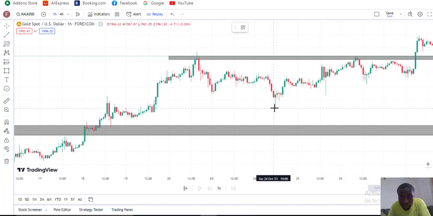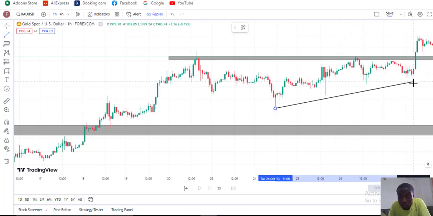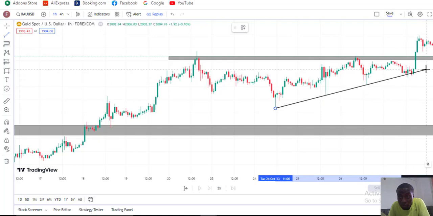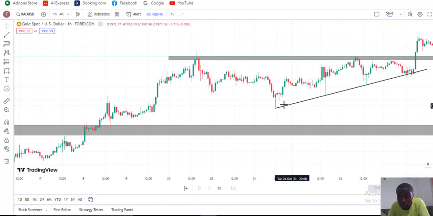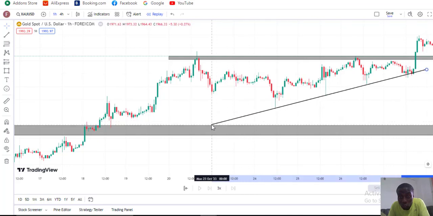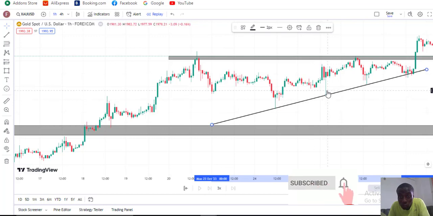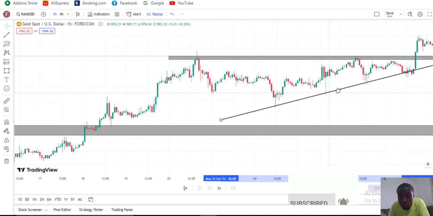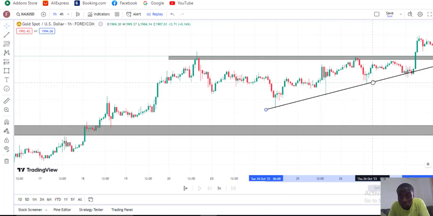What I do, I pick my trend line, I connect as well, because remember we are waiting for those pullbacks, but we have to use some tools that will tell us, okay, as price pulls back here, this is where we are going to be entering. So we should be looking to enter at this point when price pulls back, right? When you do that, you extend, and that will plot out some zones for you, and you will be waiting to take trades when price gets to these particular zones, right?